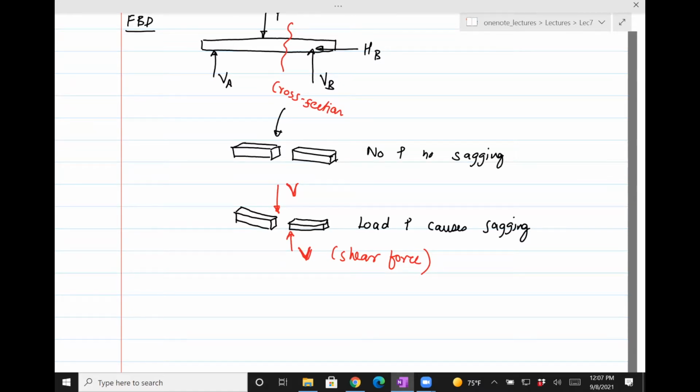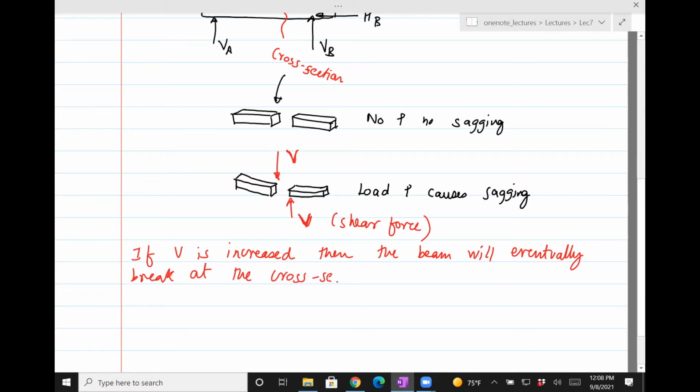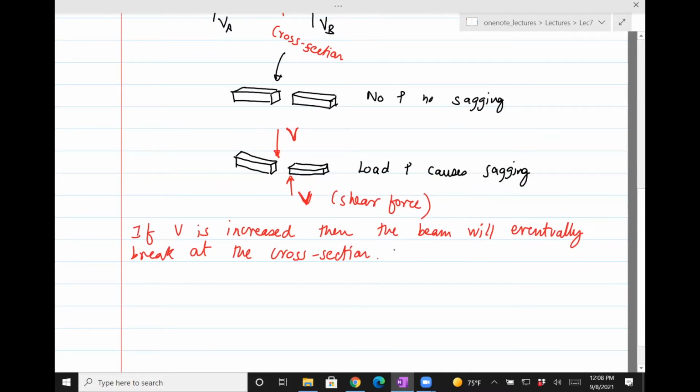So that shear force, if V is increased, okay, we can increase V by increasing P, then the beam will eventually break at the cross section, okay, and we say that it breaks by shear. The shear force.